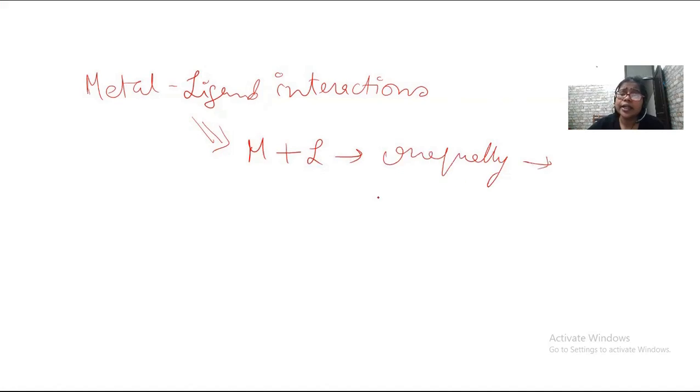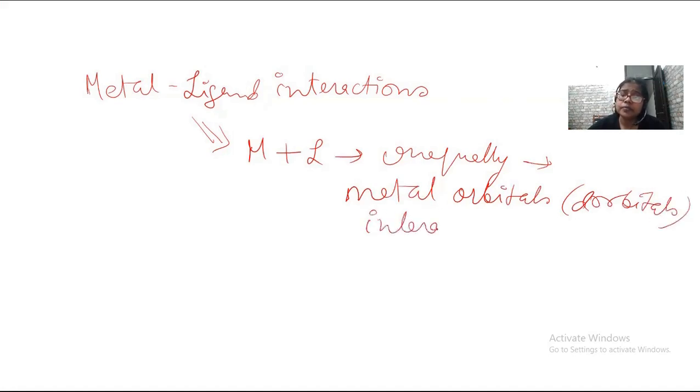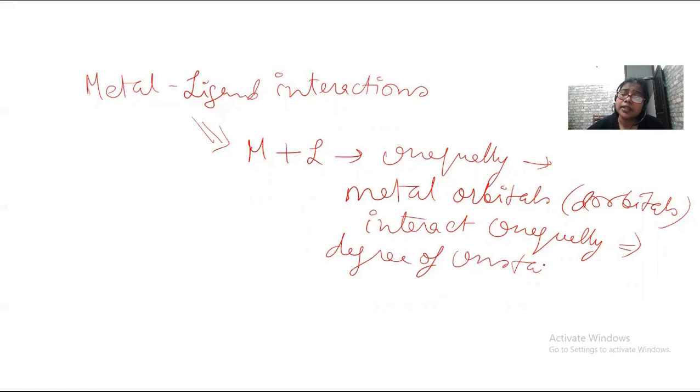Because they interact unequally, the metal orbitals, which I mean d orbitals, also interact unequally, and therefore the degree of instability that happens is different.